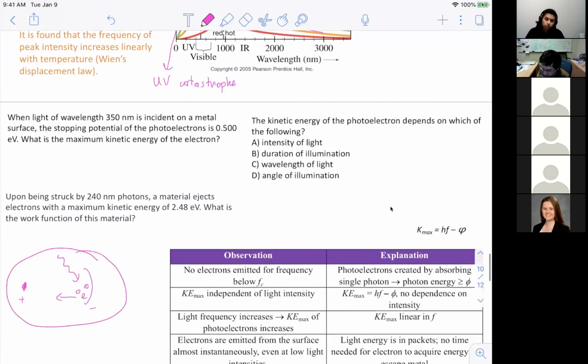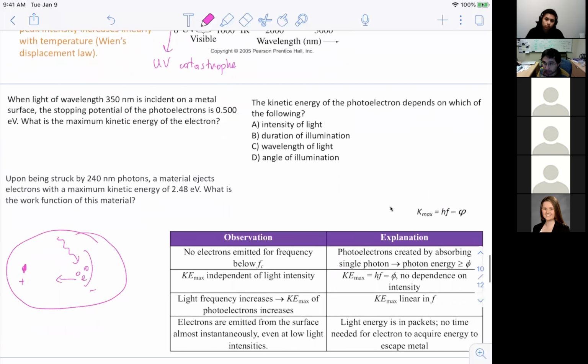Instead of making that positive, he made this negative and positive. So he could stop the electrons before reaching the left side. We call it stopping potential, which means the electron kinetic energy equals the stopping potential.